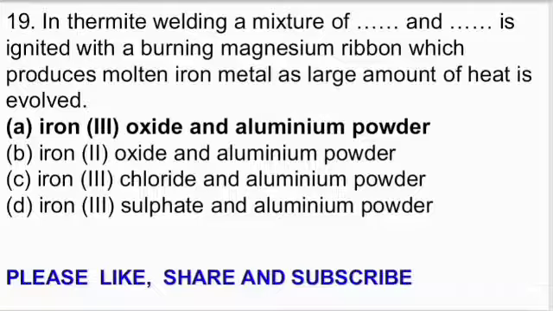Options are iron oxide, that is with valency 3, and aluminum powder, iron 2 oxide and aluminum powder, iron 3 oxide and aluminum powder, iron 3 sulfate and aluminum powder. The correct option is iron 3 oxide and aluminum powder.